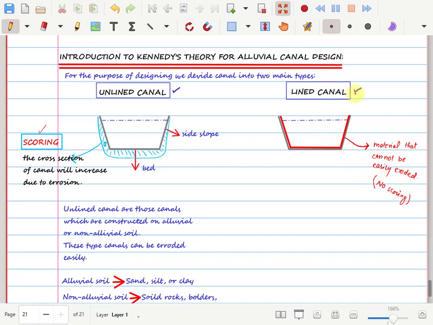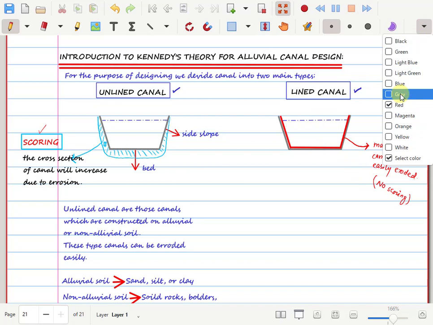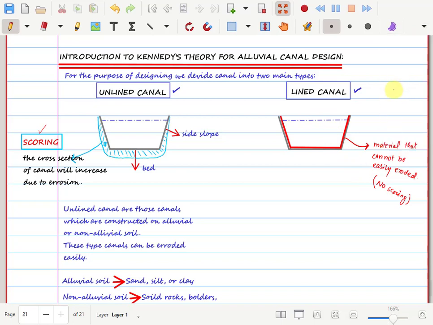Then what is going to happen here? In this case, whenever water flows in the canal, as we know, there are particles within the water.